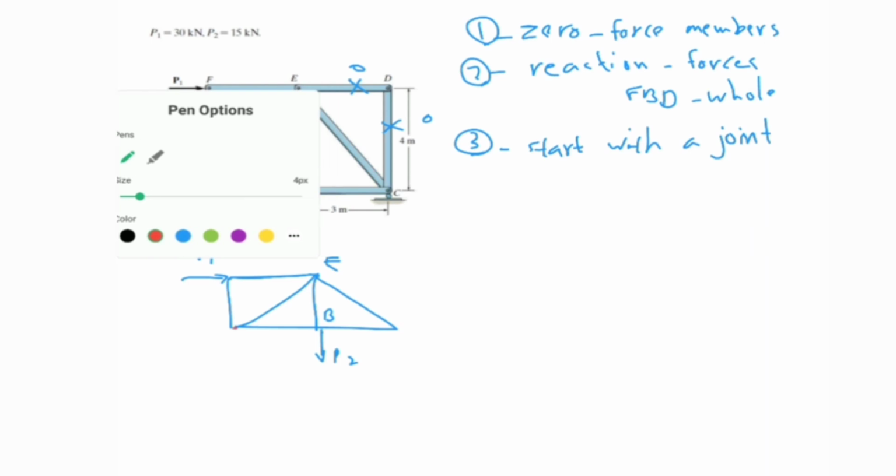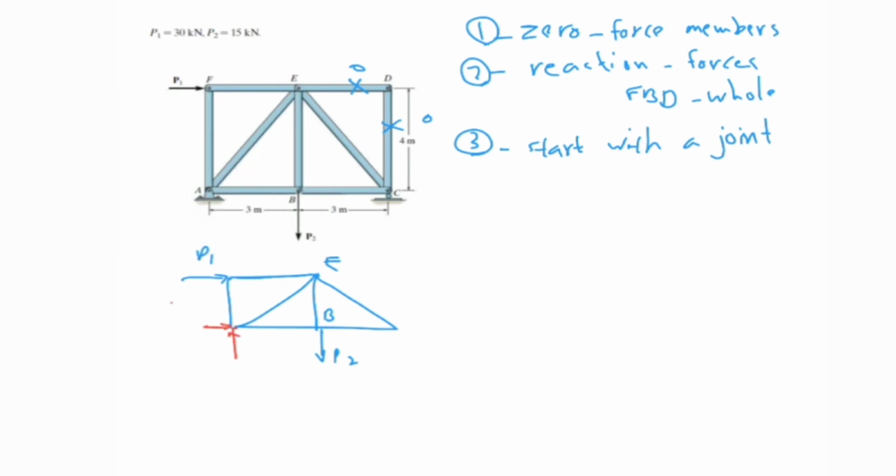P1 and P2 are known. I put the unknowns with a different color. That would be AX and AY, and this is CY. And right now you can do the free body diagram of the whole system in step 2 and find AX and AY and CY, and you can start from here.